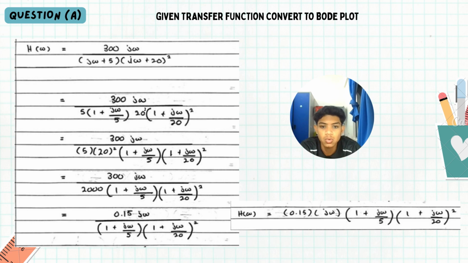Let's walk through how we transform this function step by step. If you look at our denominator, we have two primary factors: a simple pole at j omega plus 5 and a second order pole at (j omega plus 20) squared.